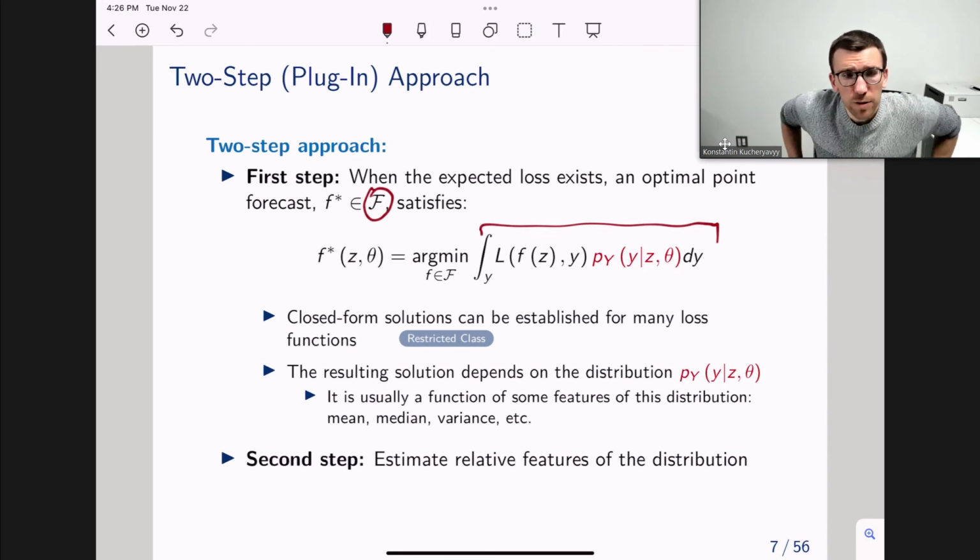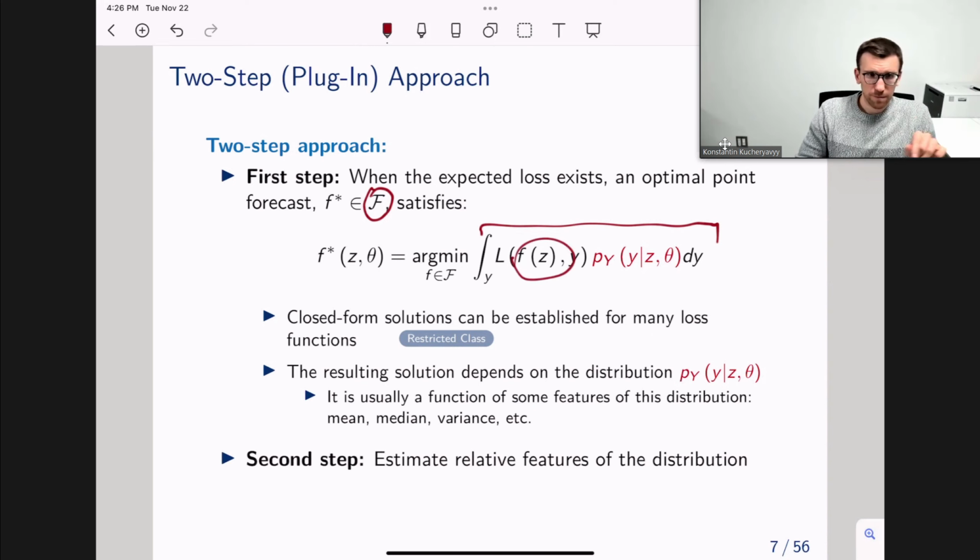And in this family of models, we solve this problem of minimizing this expected loss with respect to f. The difference is that the resulting solution will ultimately depend on this unknown data generating process. I will show how it works in the coming slides.